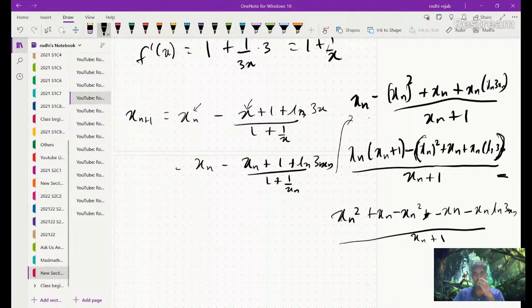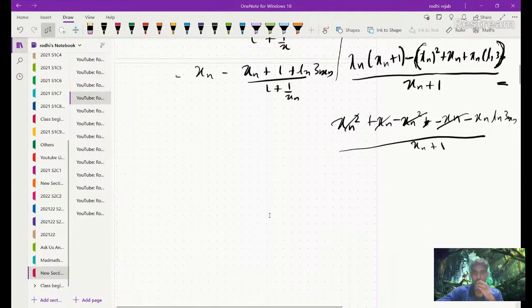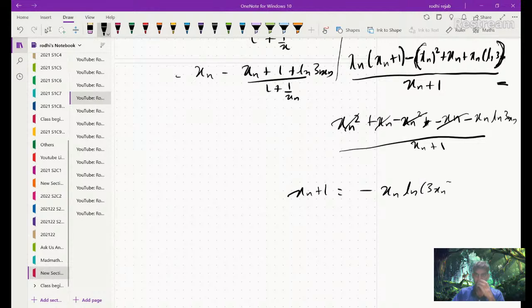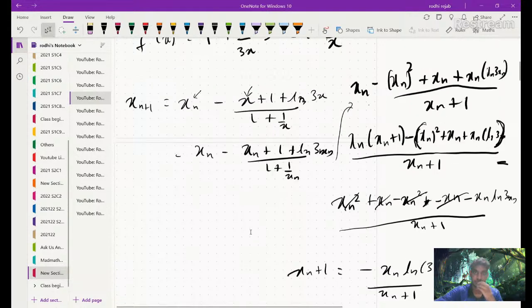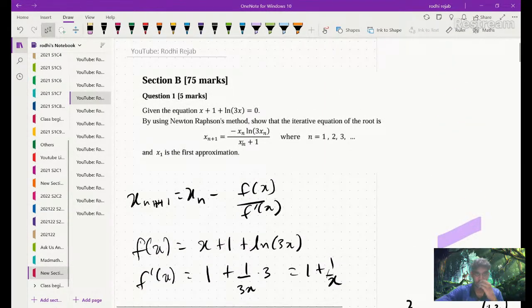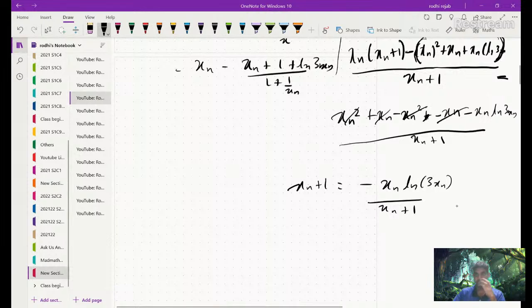From here we can see x_n squared minus x_n squared cancels out, and x_n minus x_n is also 0. What's left is x_{n+1} equals negative x_n ln 3x_n over x_n plus 1. As you can see, we have shown it, so we can just write it down as shown.